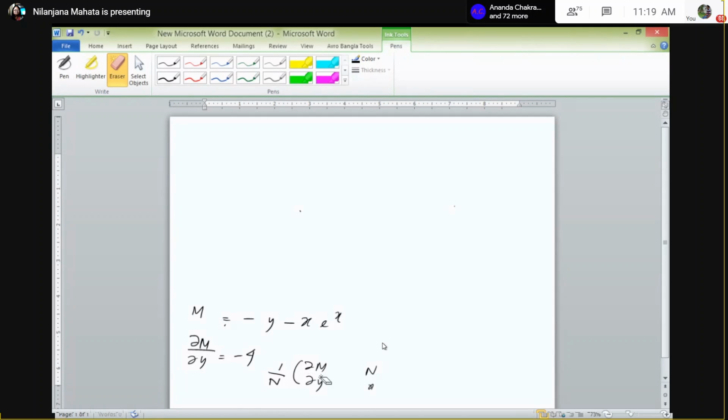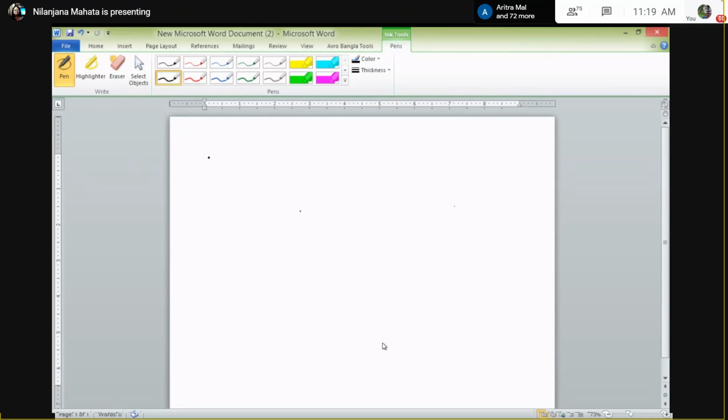And if you have another book which has problems on this chapter, you may solve those also. That will be for practice only.